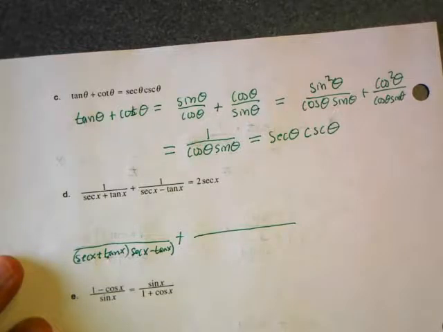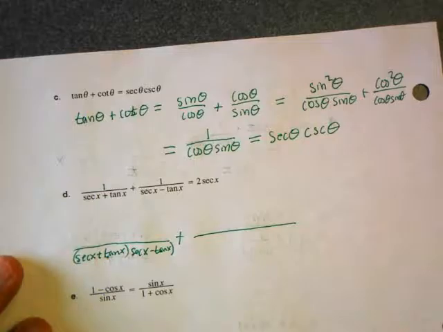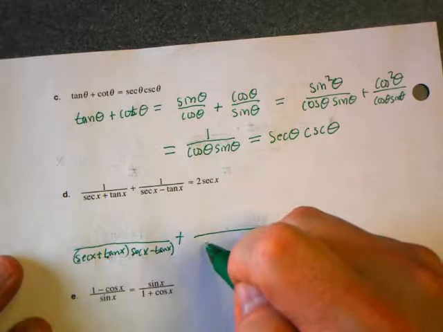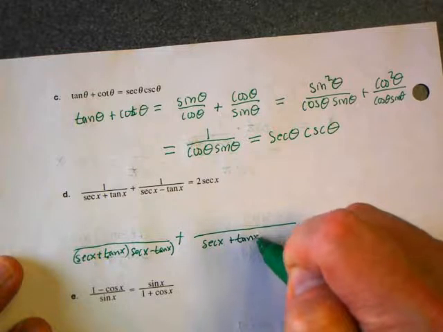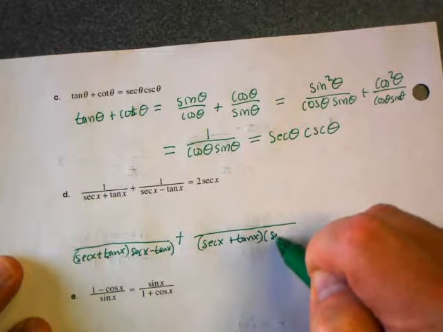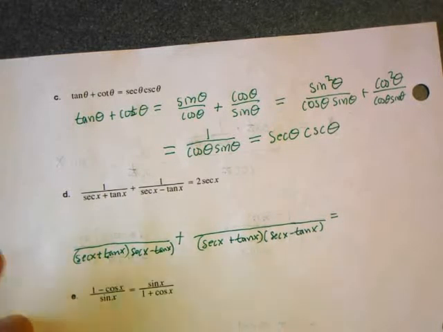In a minute, we're going to FOIL it out. Yes, darn right we are. And it's nice that they're conjugates. Why is it nice that they're conjugates when we FOIL them out? Because we know the middle two pieces will go away. All right. So up on top, what do I need on top of the first fraction?